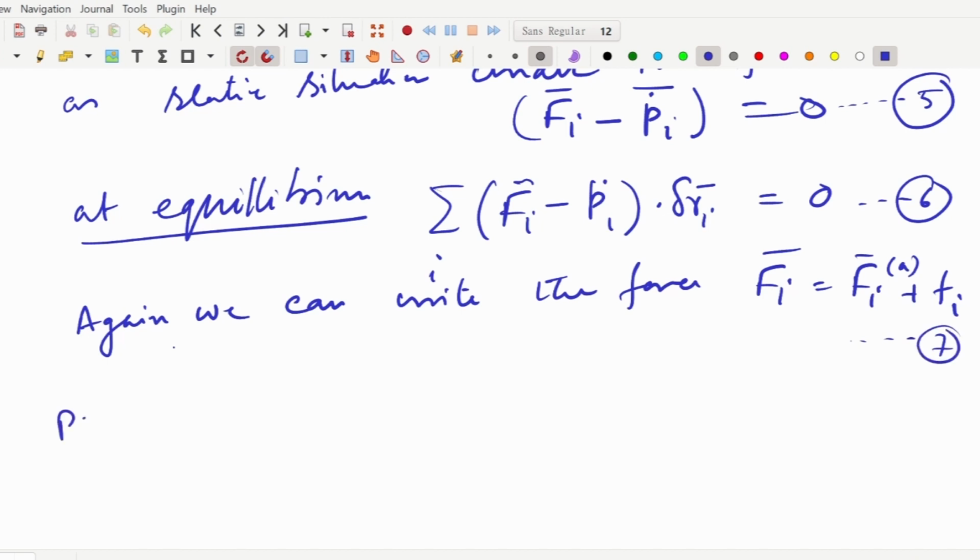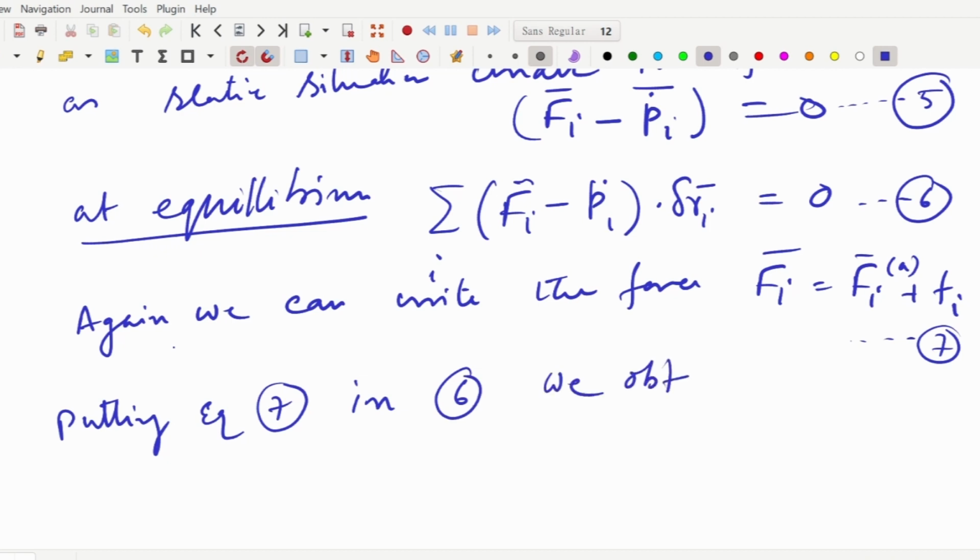So putting equation 7 in 6, we obtain the sum of Fi applied plus Fi constraint minus Pi dot, dotted with delta ri, equal to 0.